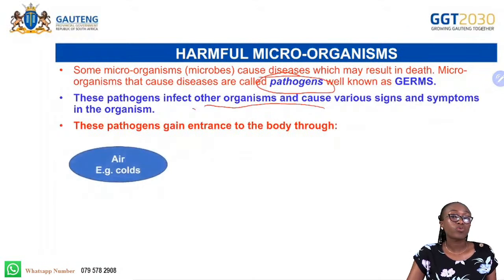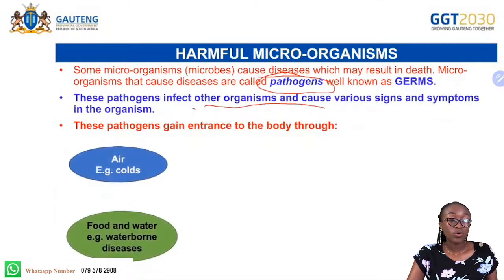So this is how you're going to get your influenza, your common cold. This is through air or food and water. If the food and water is contaminated with a pathogen, that's how they gain entrance into the body of the organism.